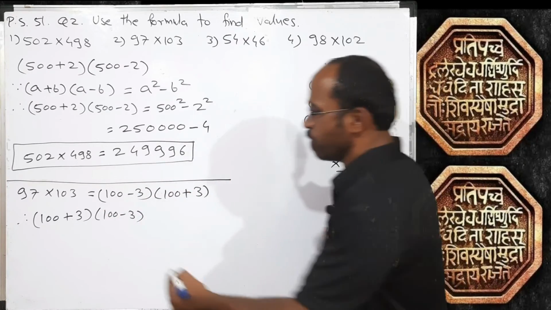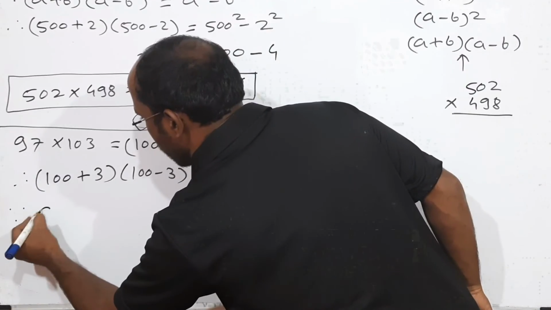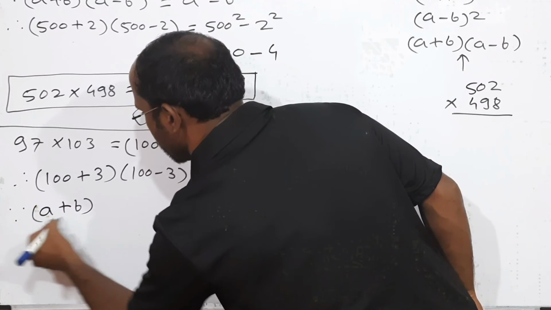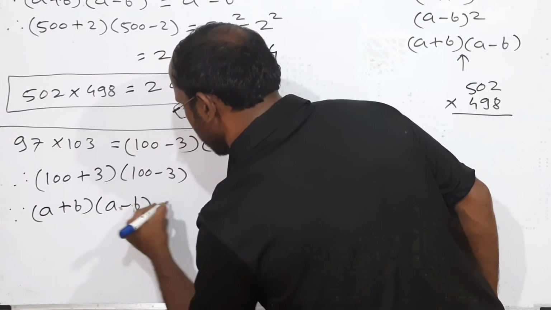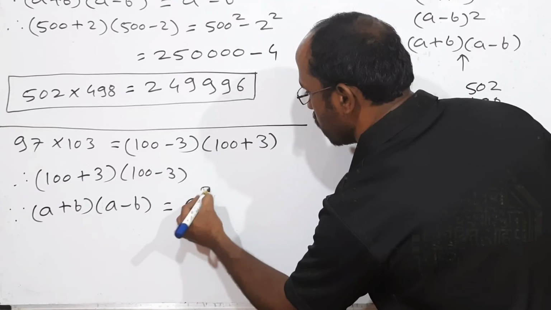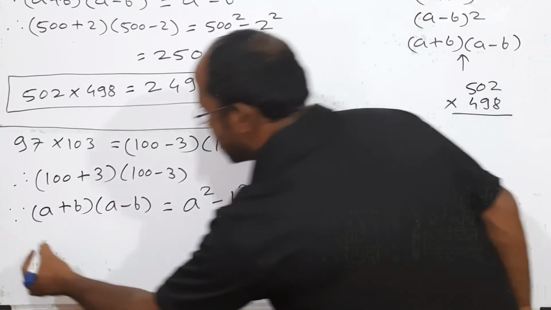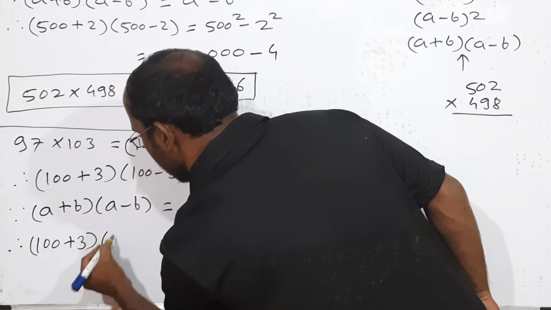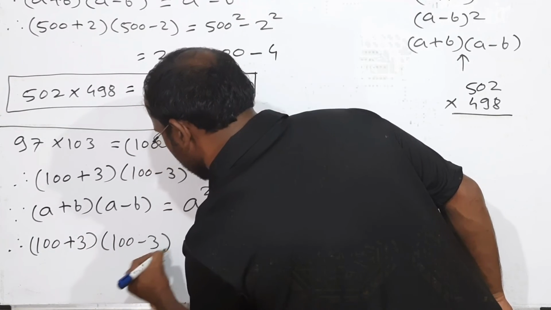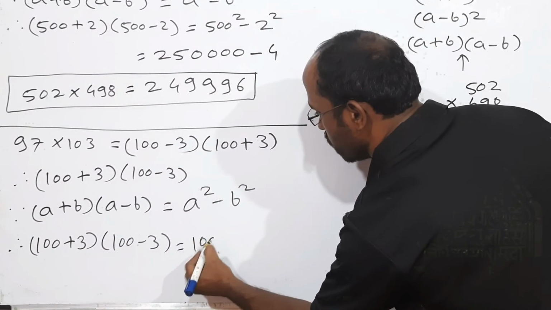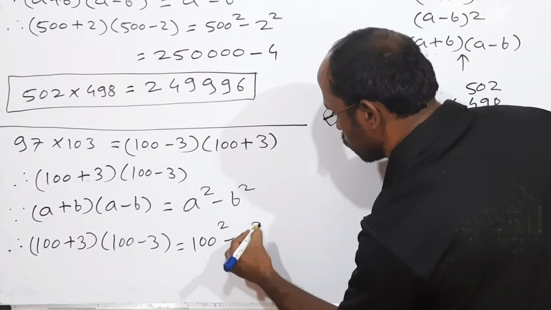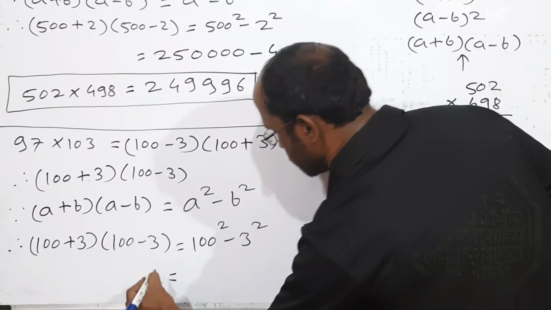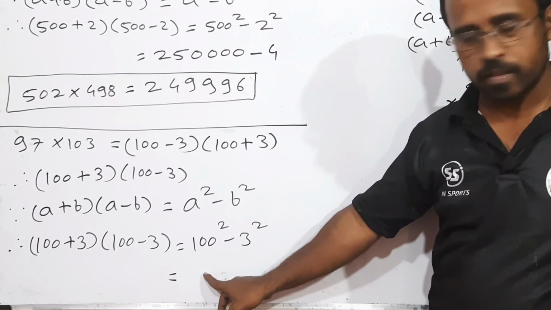So we can use the formula: if a plus b multiplied by a minus b is equal to a square minus b square, then 100 plus 3 multiplied by 100 minus 3 is equal to 100 square minus 3 square, which is equals to square of 100.